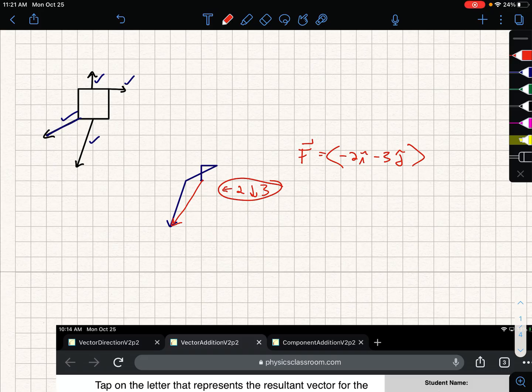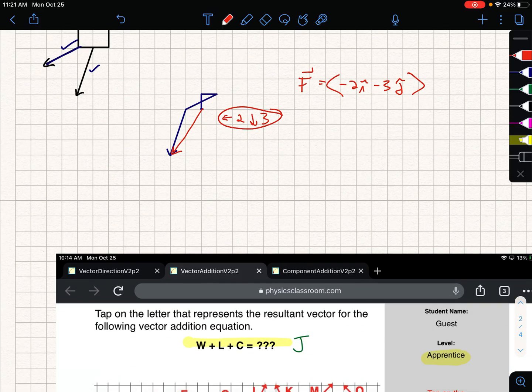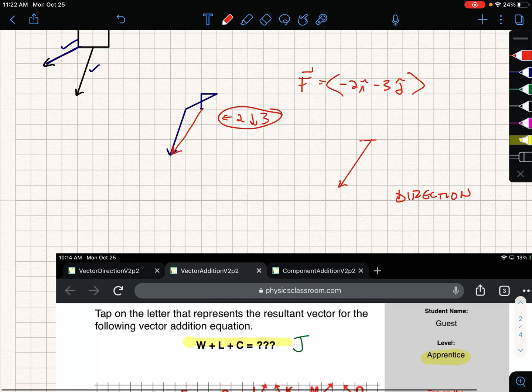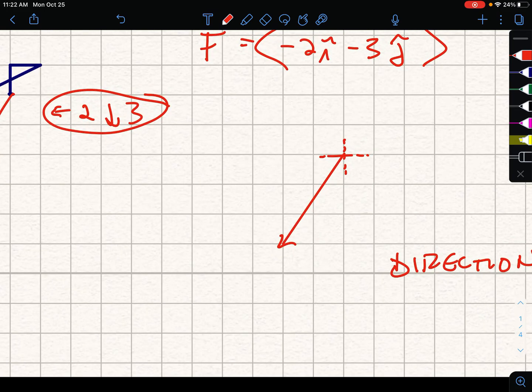I actually like that. Instead, though, you all have been used to doing polar coordinate stuff in math. So you're going to say something like, it is at an angle of blank, or it's this angle above the horizontal. There's two ways that we're going to describe a vector. So let me draw this one up again that goes over 2 and down 3. In terms of angles, we could describe it like I just did with unit vectors, or we could say the angle that it makes.